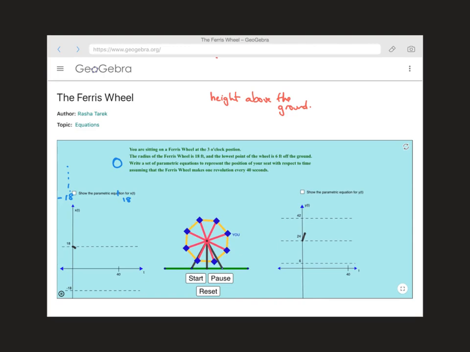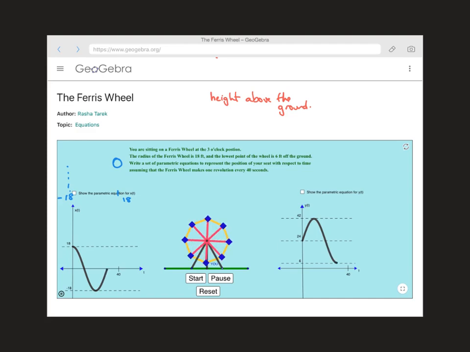And let's have a look. So you can see that it started at 18, and as it's moving around, it's getting closer to being above that 0. And then it's to the left-hand side of that 0 until it comes down to minus 18. And then it comes back in. So you can measure more than just the height of the carriage on a Ferris wheel.